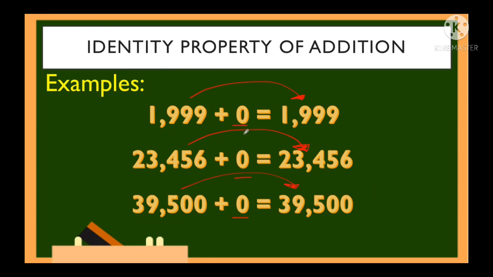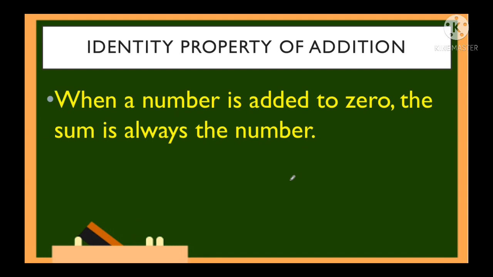Okay? If you will add 0, you will just copy the number. Copy the number. That is identity property of addition. As simple as that. Okay? Remember, when a number is added to 0, the sum is always the number.